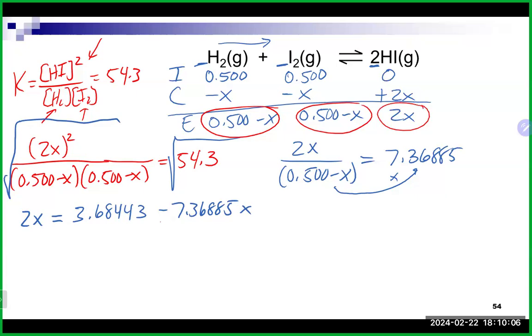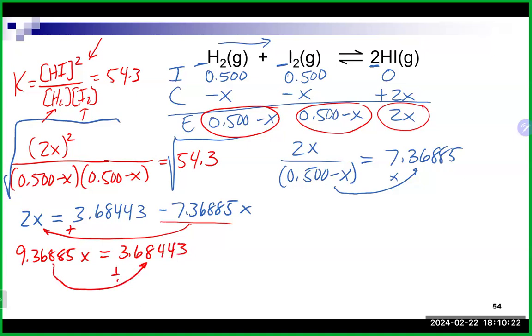So I would think it would make sense to add this back over to that side. And that will give us 9.36885x equals 3.68443. Last, we're going to bring that back to the other side by dividing. I think that's math-wise what we're going to do.